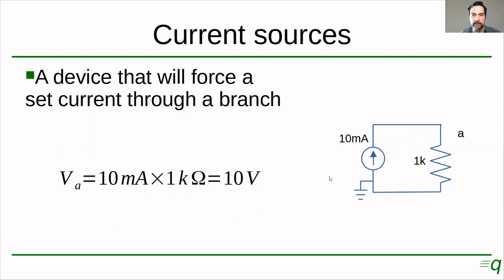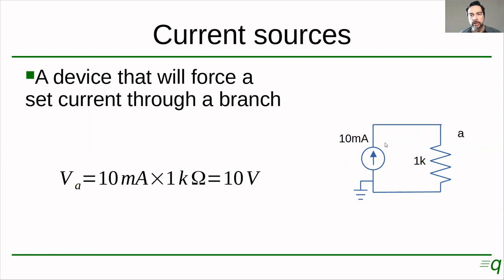Mathematically, it would be like this. This is just applying Ohm's law to this circuit, right? Only on previous circuits, we would normally have information about the voltage of this source, but now we have information about the current, okay?